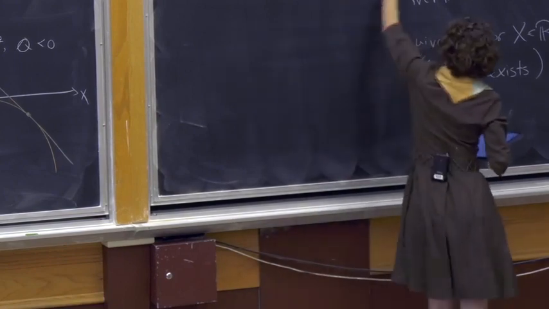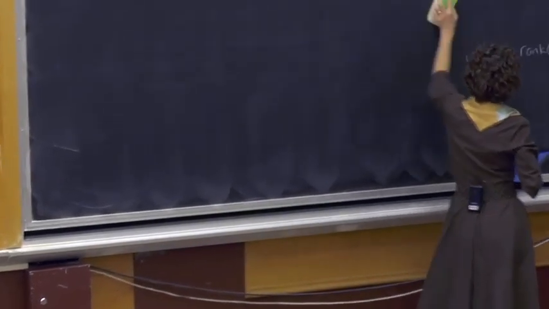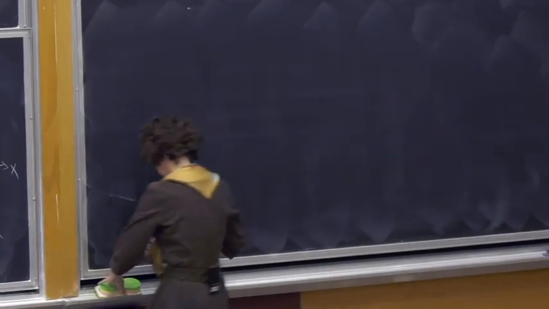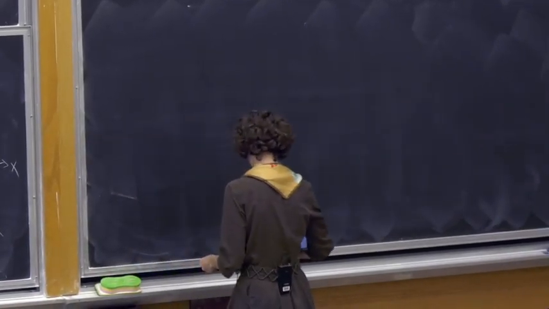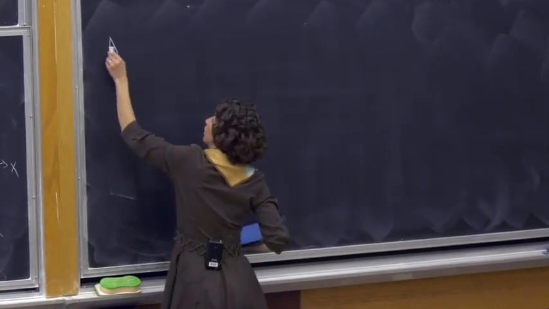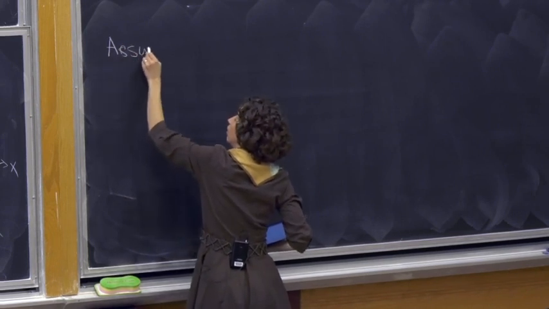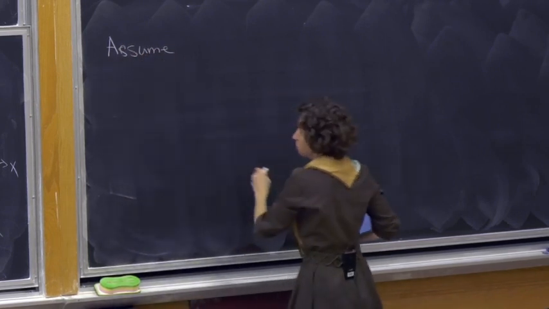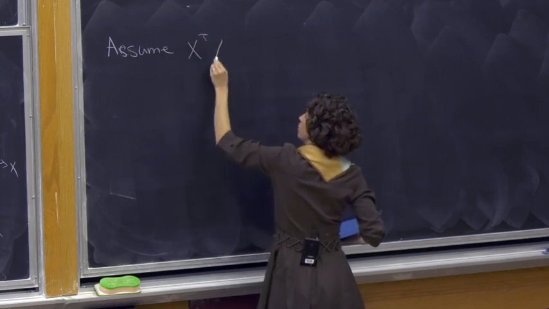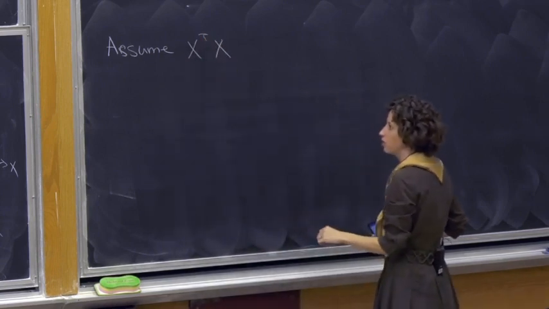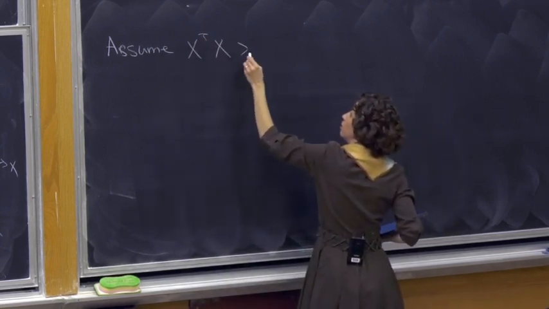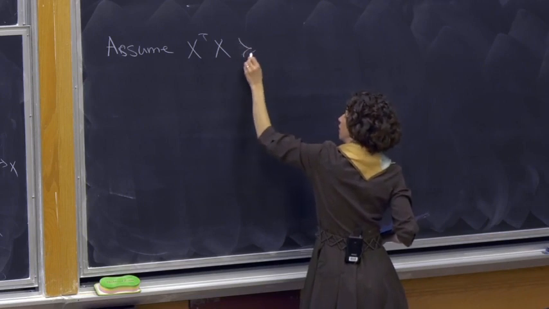Now what we're going to do is we're going to tie all this stuff together. So we are going to assume that X transpose X not only is positive semi-definite, but it is positive definite.